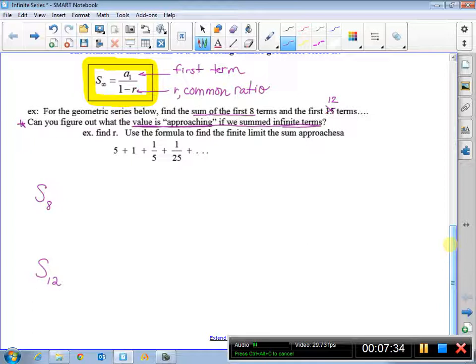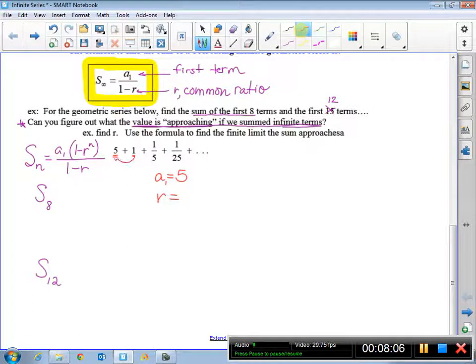So let's use our formula for the sum of a geometric series. And remember, it's given to you on your formula sheet. It's the first term, a sub 1, times 1 minus r to the nth power, all over 1 minus r. So we need some information here. For this series, a sub 1 is 5, the first term. And the common ratio is nice and easy.